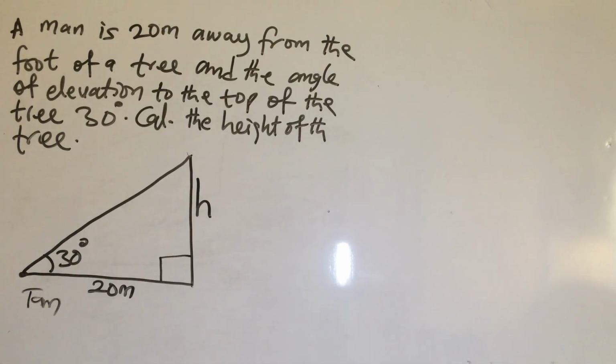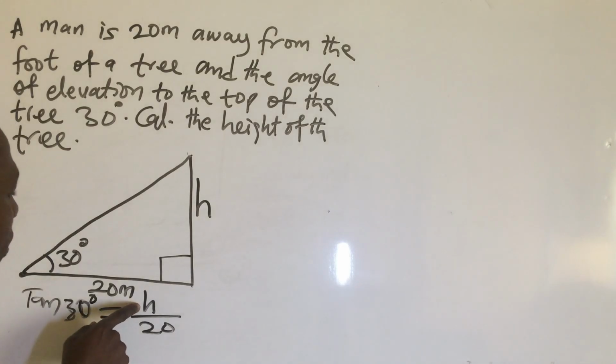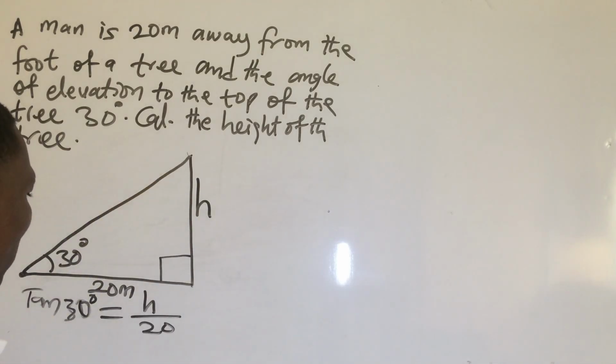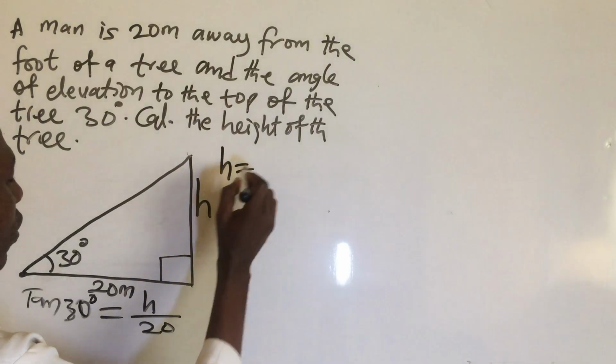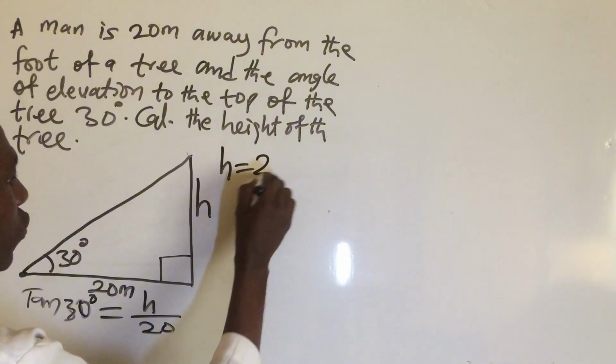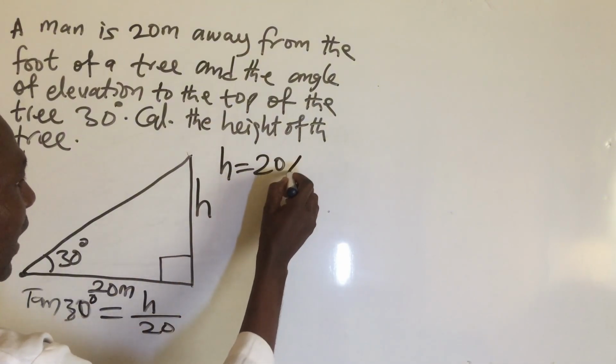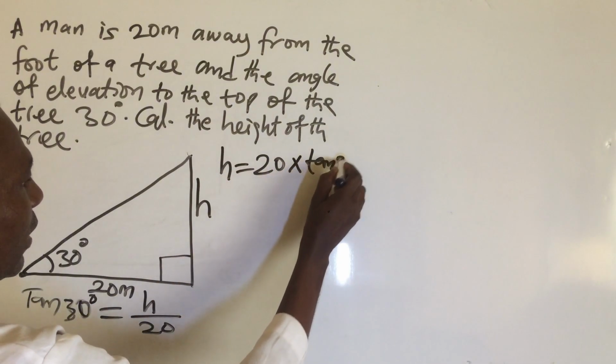Tan 30 degrees will give us opposite, which is the height, over adjacent, which is 20. Now, making h the subject of the formula, which is the height of the tree we are looking for, the height equals 20 times tan 30.